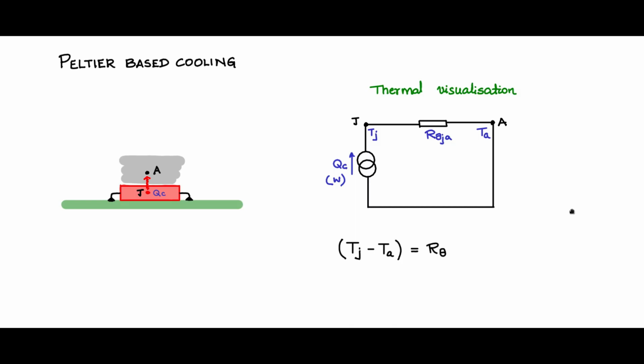So I will call the R theta Ja thermal resistance into QC. In more generic form, I can say delta T is equal to thermal resistance into heat flow.